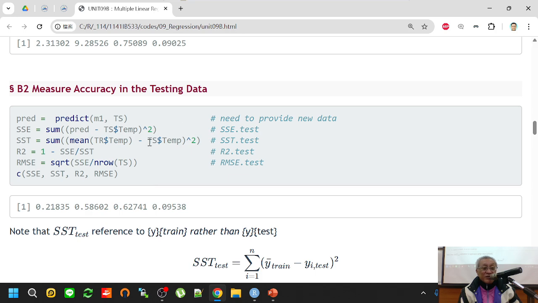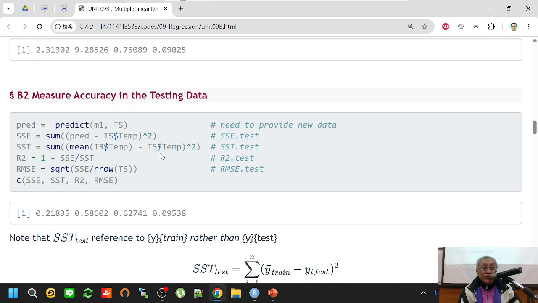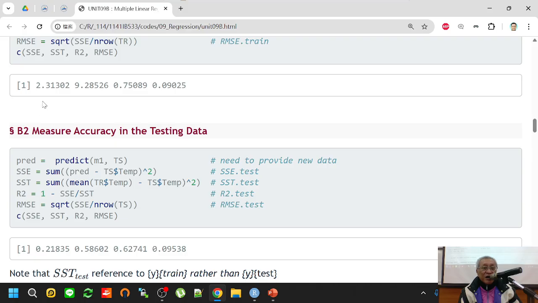And the rest are all the same. If you compare the R squared, in training data the R squared is 0.75, and in testing we only see an R squared of 0.62. It means the model performs better on training data than on testing data.